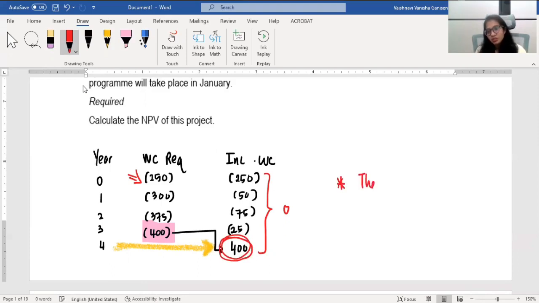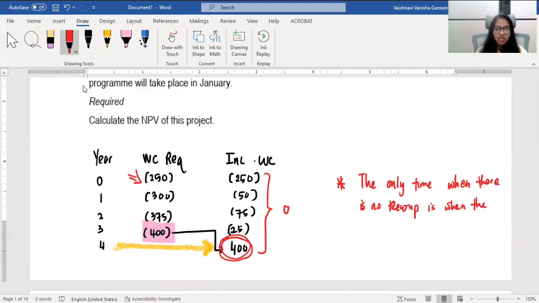The only time when there is no recoup is when the examiner states the asset is replaced.